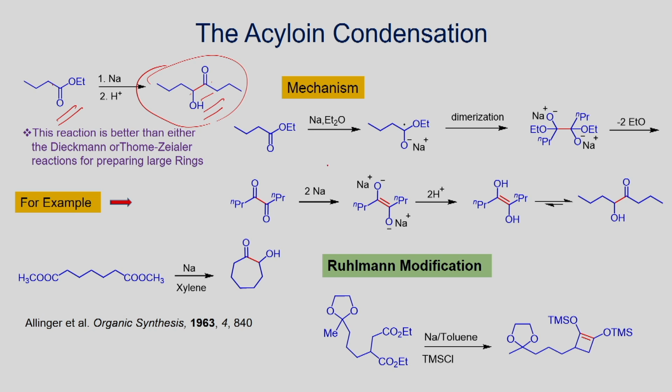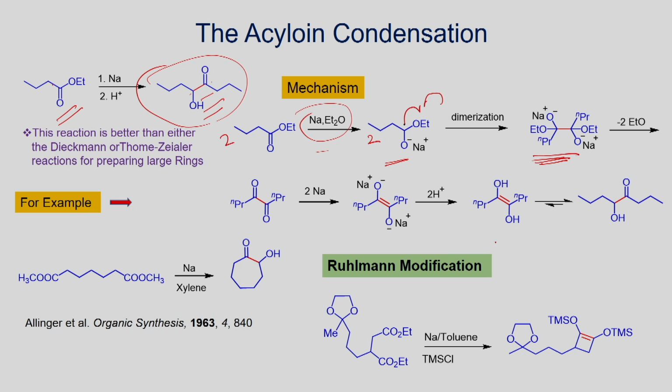The mechanism of this transformation is shown here. Sodium can give one electron and you form this radical. Once you form this radical, it can undergo dimerization, you get this compound. Coupling of two radicals can lead to the formation of this compound.